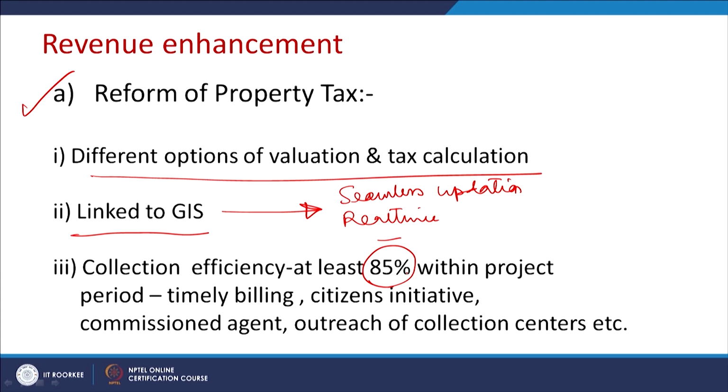Later on, when the government started service level benchmarking for each and every basic service like water supply, solid waste management, sanitation, they mentioned and benchmarked this level of recovery as well. So, this is the indicative benchmark of the recovery.